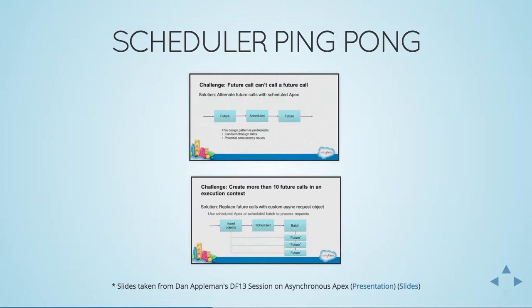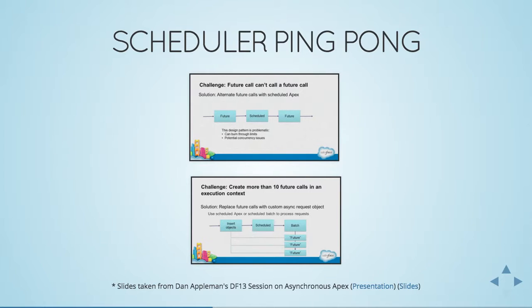You can technically also apply this method to schedule future. But as Dan noted in his talk, there are some problems with burning through your governor limits with this method, and also, as we'll see later, there are some concurrency issues. So he preferred the schedule batch approach.